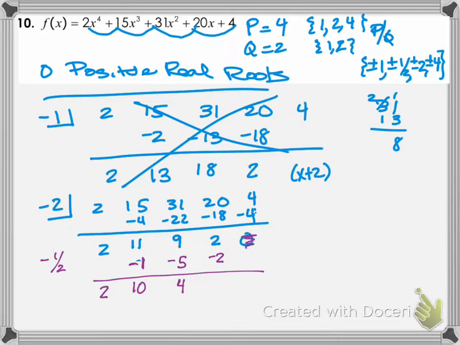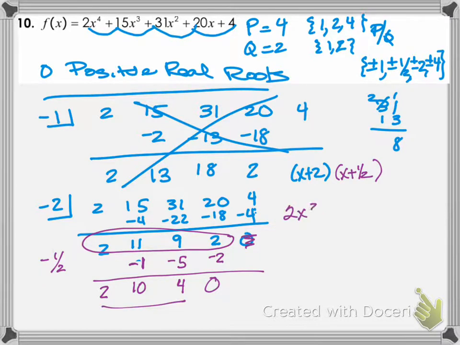Remember, we're not using this one because this was the depressed polynomial, right? And that gives me 0. So yay, negative 1/2. So I have x plus 1/2 being a linear term, and my depressed polynomial is 2x squared plus 10x plus 4.